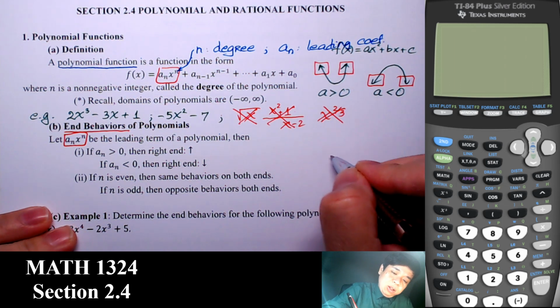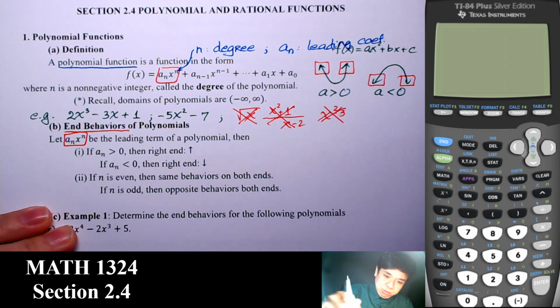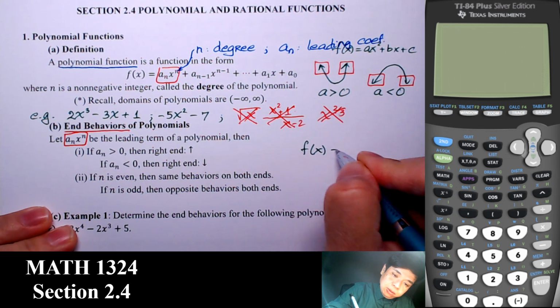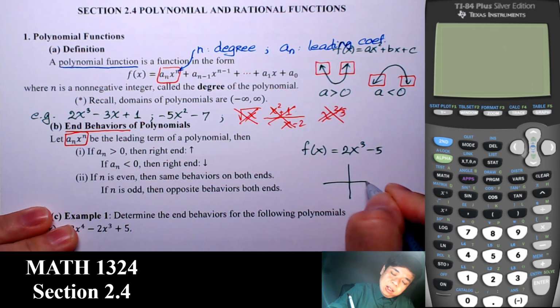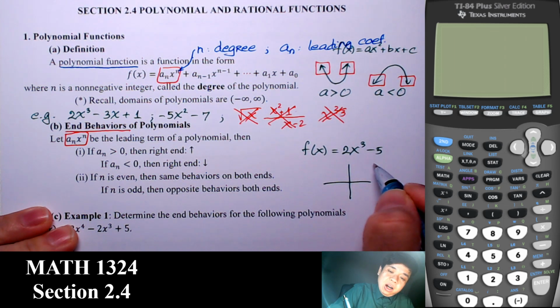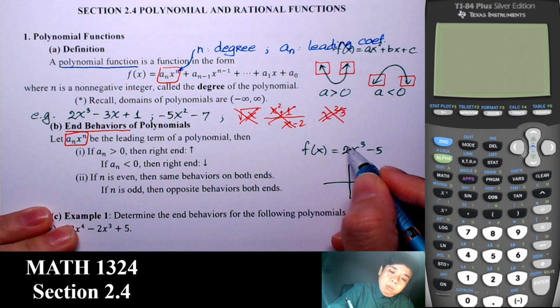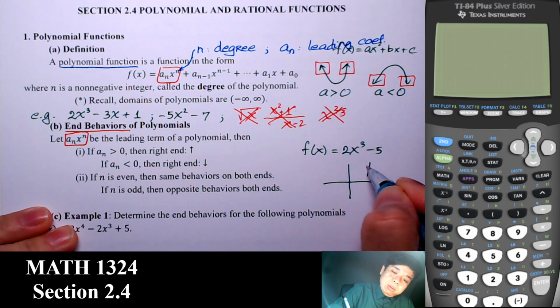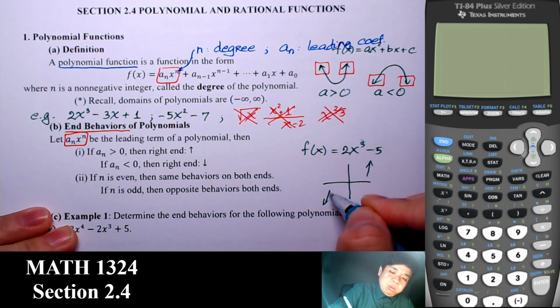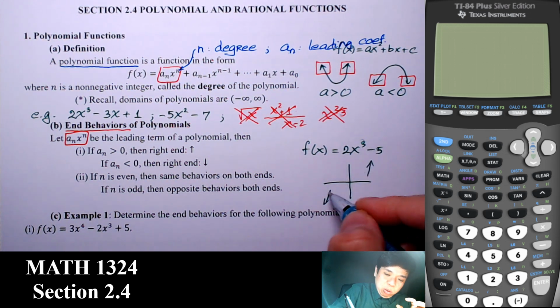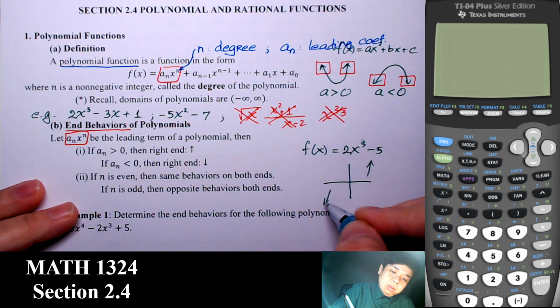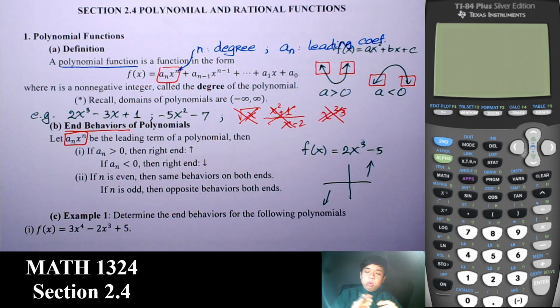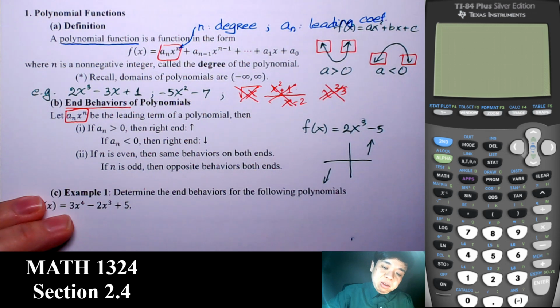For example, if we have something like that, this is a positive coefficient, so the right end goes up, but it's odd, so one up, one down. We're not concerned with what happens in the middle. We know on the right side it goes up and on the left side it goes down. That's the end behavior.